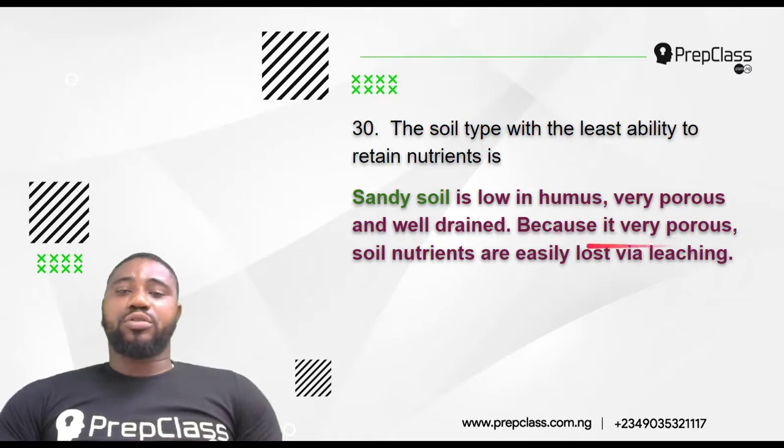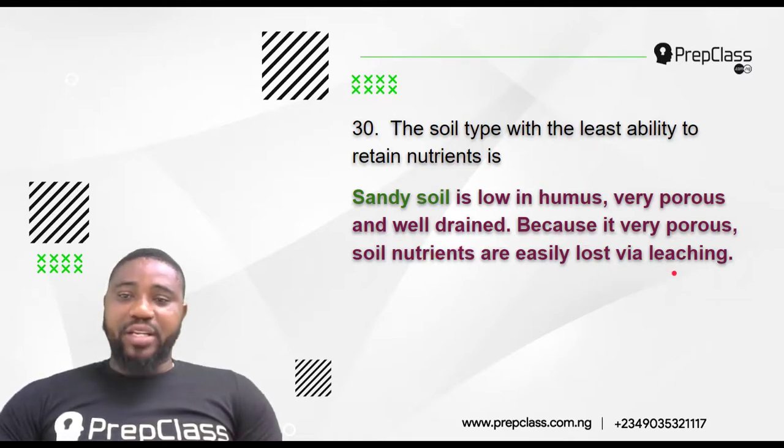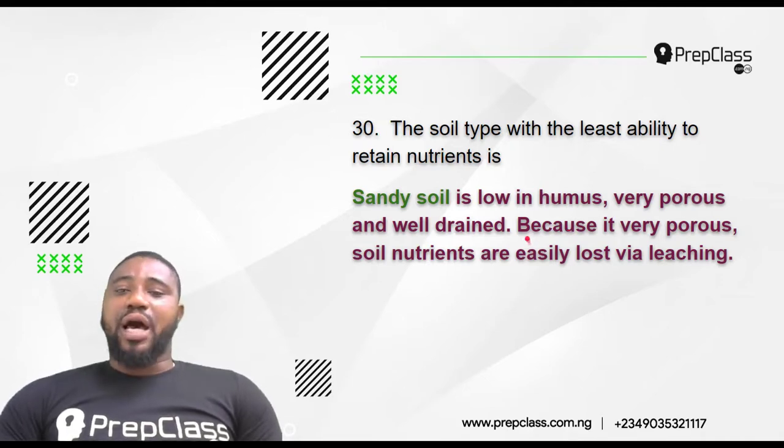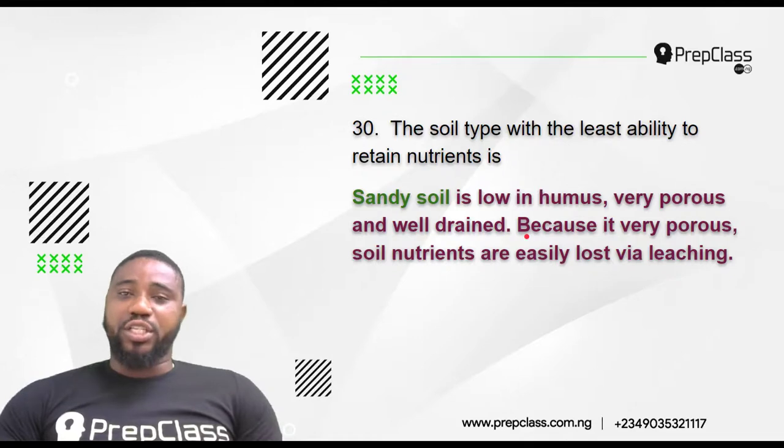Because of the porosity, soil nutrients are easily lost by leaching. The nutrients have to be dissolved in the soil water. So when the soil water is lost, because the sandy soil is porous, the water will just pass through it because it's well drained. Those nutrients will then be lost by leaching.